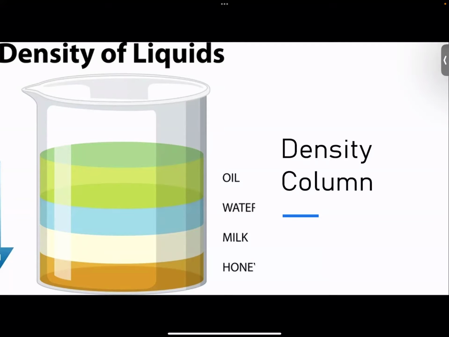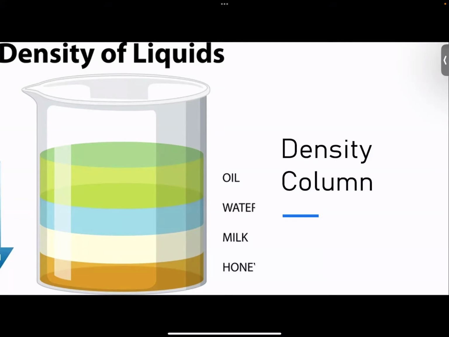Because milk is more dense than water, it will sink relative to the water. The reason milk is so dense is because it has a lot of fat molecules in it. And then you have honey. Honey is more dense than milk, and so the milk will float on honey. So we can create a density column.